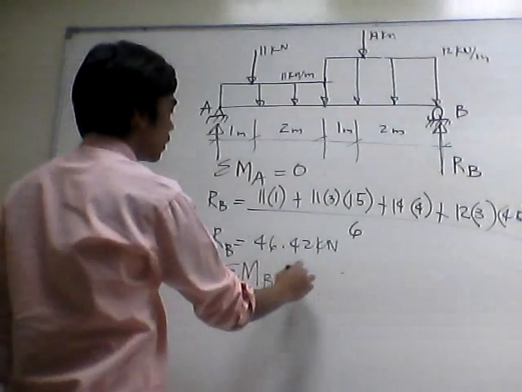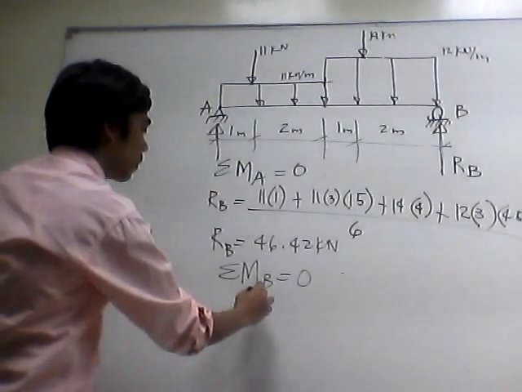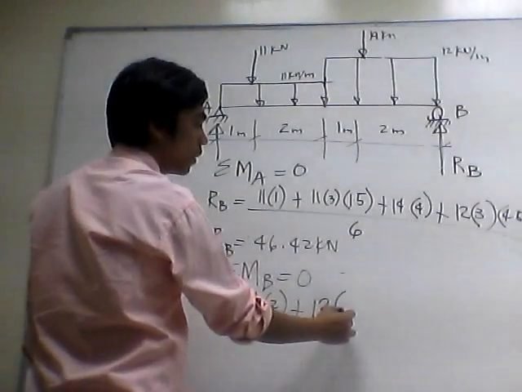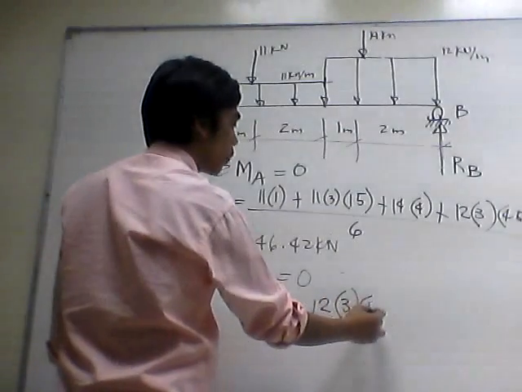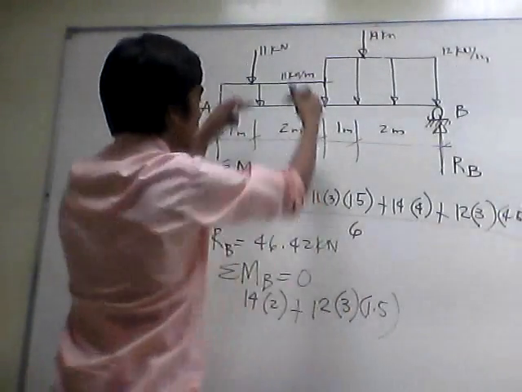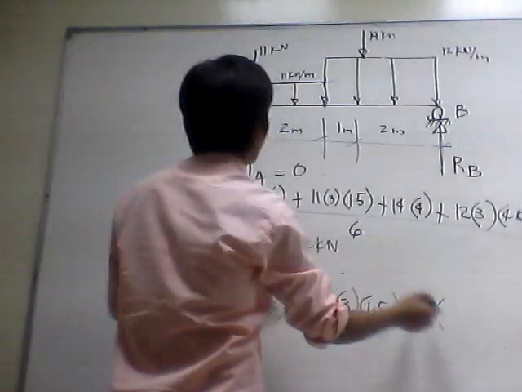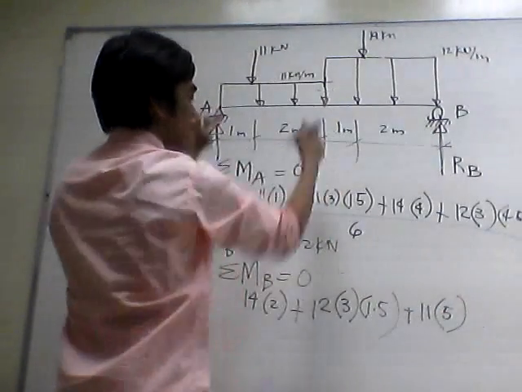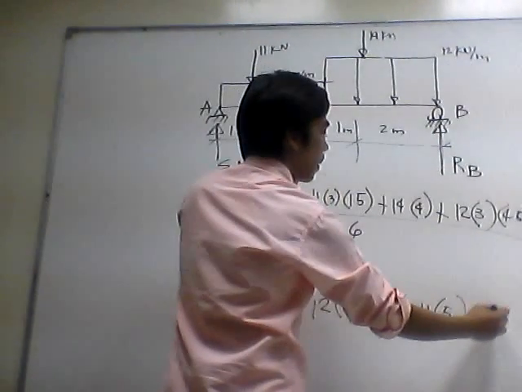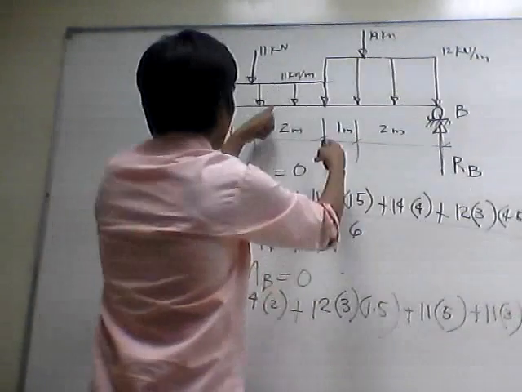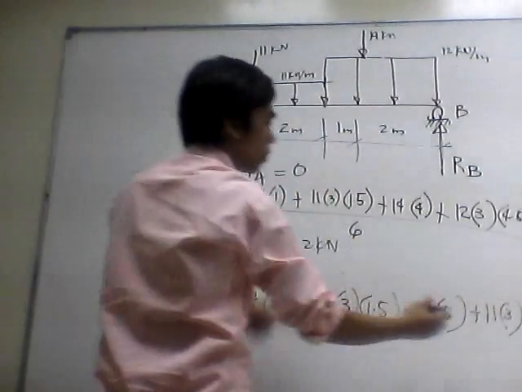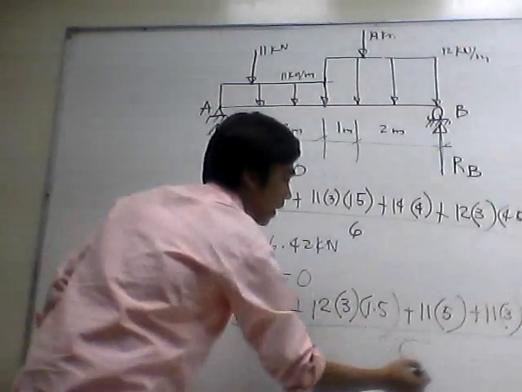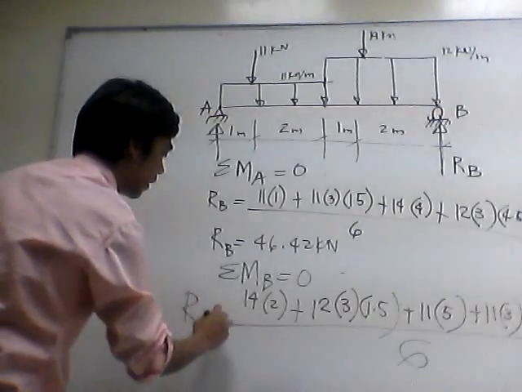Summation of moment at B equals 0. Okay, we have 14 multiplied by 2 plus the uniformly distributed of 12 multiplied by 3 multiplied by 1.5 plus 11 multiplied by this distance 5 and uniformly distributed of 11 multiplied by 3 multiplied by this 2 plus 3 plus 1.5 is 4.5 meter, all divided by 6, that is RA.